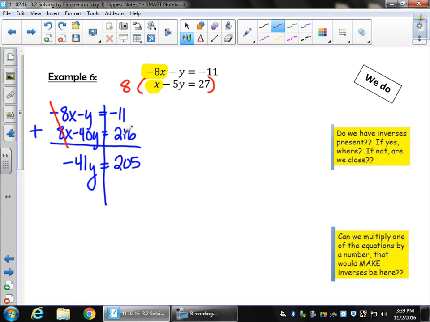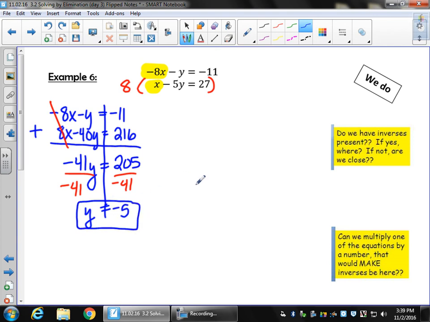In one more step, divide by negative 41, divide by negative 41. Doing that division, 205 divided by negative 41 equals negative 5. I've got y, I need to go find x.